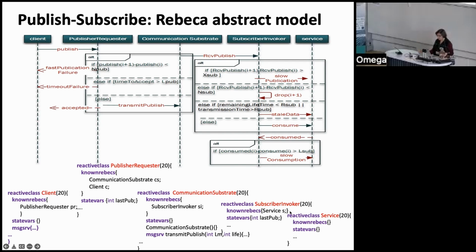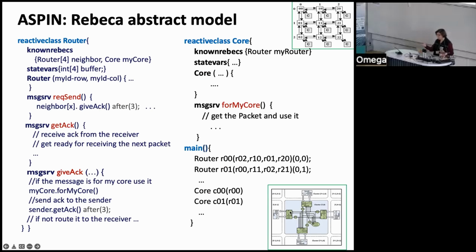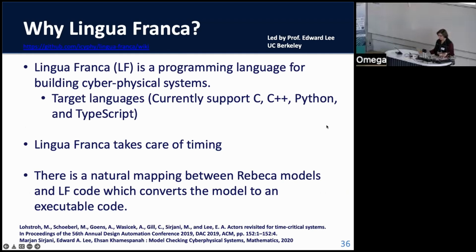This is another kind of network example. You have a network on chip, some kind of architecture, with all the routers. Again, you can model it. You have the router, you have the core, you have all the neighbors that you send messages to. You can easily map what you see in the real world to your model in Rebeca.